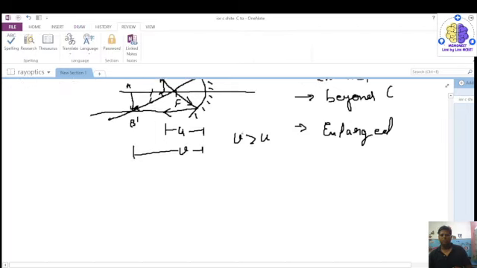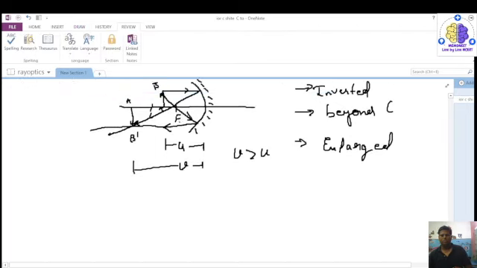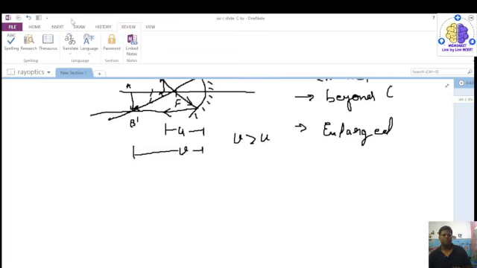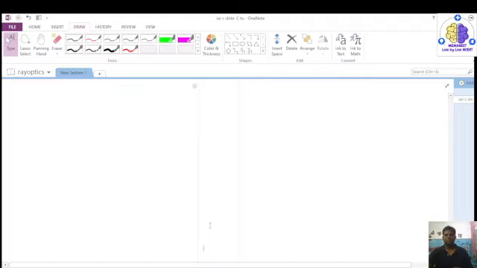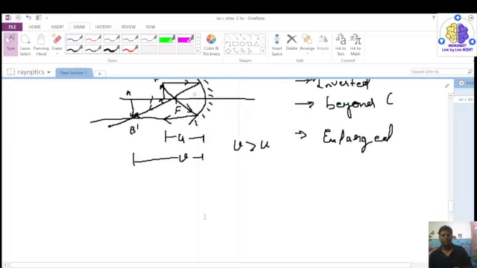Now let's see the fourth position of the object. The fourth position of the object will be when the object is at focus.